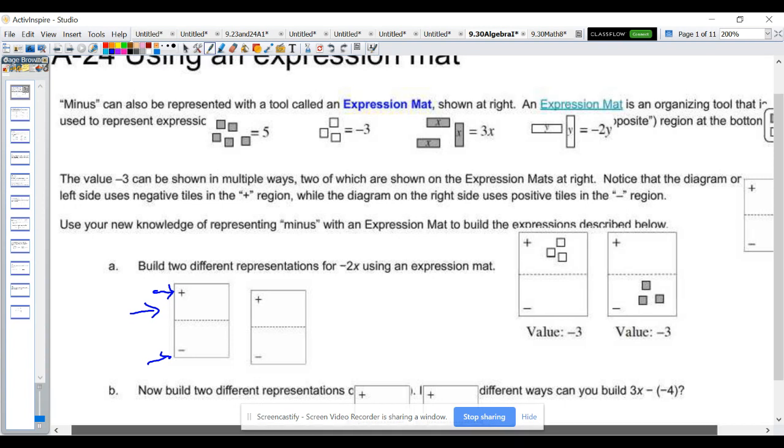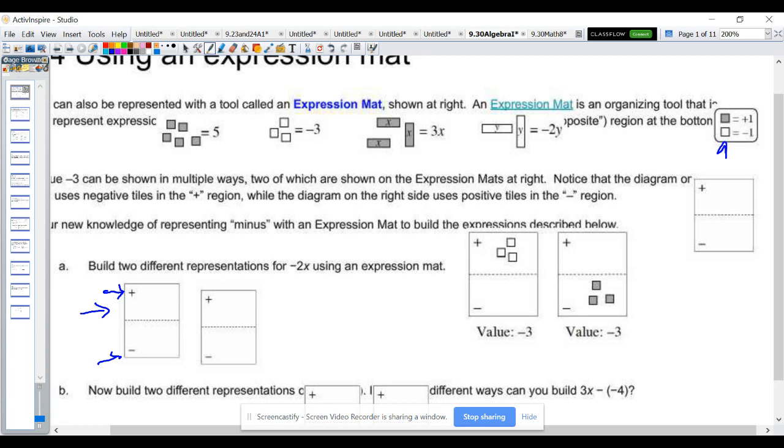So if you look over here, it gives you a little key, and it says, okay, the darker ones are positive and the light ones are negative. So for example, if I am representing negative 2x using an expression mat, the two different ways that I can do that, one way is I can make my X tiles in the negative section and darken them in, because those are technically positive tiles, but this negative turns them negative.